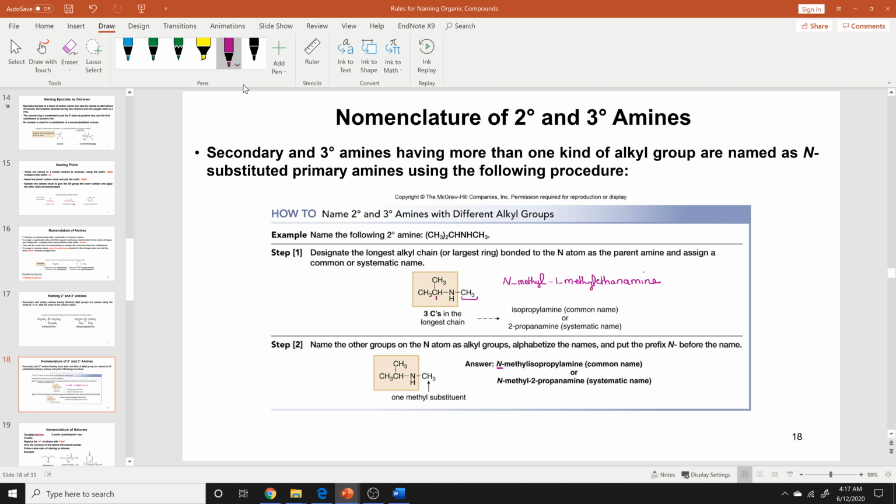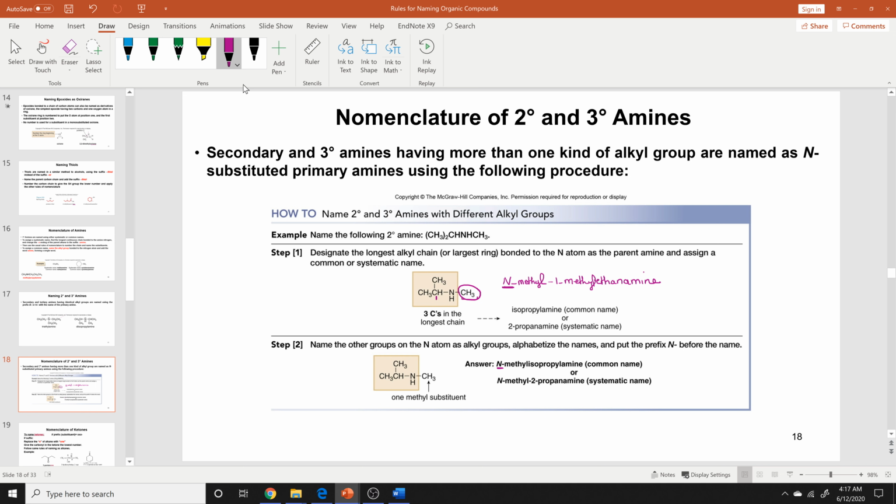So see what I did over here for secondary and tertiary amines. If you have a secondary amine, you start by naming the R side that has the least carbons. That belongs to the N, so you have to put the N in there, telling what is on the N. It's a methyl group on the end. This is not a parent name.